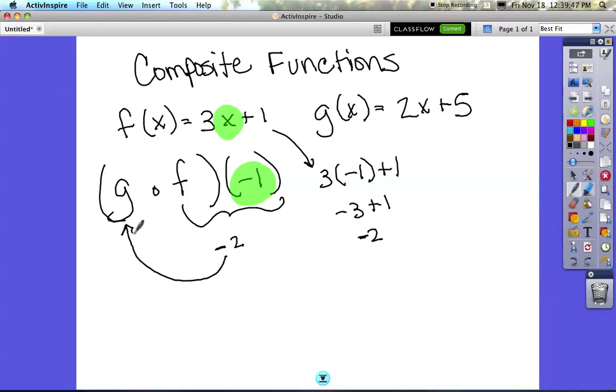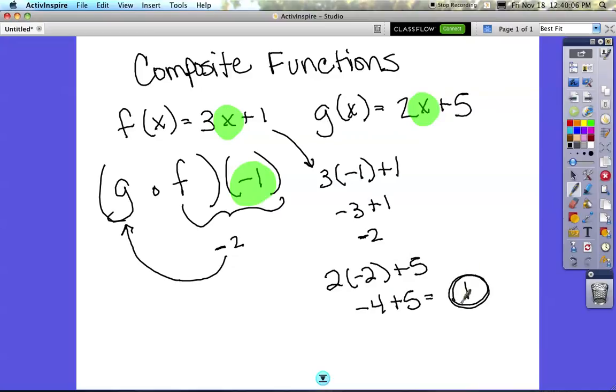That's going to go into the g right here. So 2 times -2 plus 5. What's 2 times -2? -4. Plus 5 is 1. Now, I need questions.